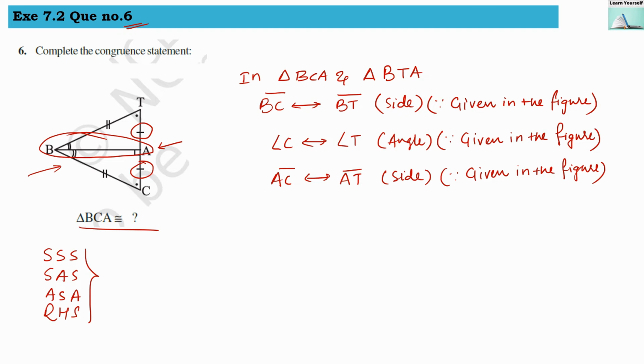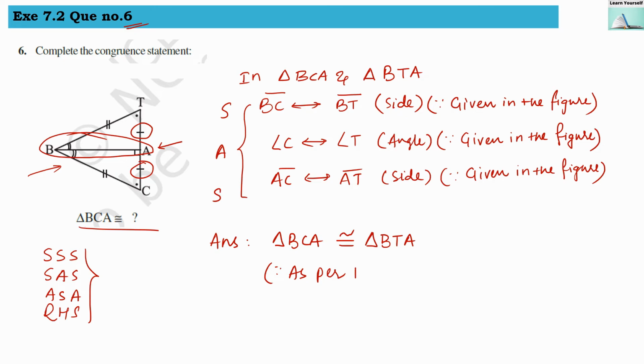So you can write one more side here, but our criteria is completed, that is the side angle side criteria. So as per SAS criteria, both triangles are in congruence with each other. So our answer will be that triangle BCA is in congruence with triangle BTA. And what is the reason for that? As per the side angle side criteria.